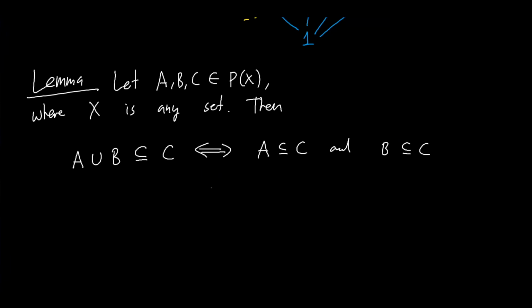But now, for us, this lemma is quite useful, because if you look at this equivalence, on the right-hand side, you only have the subset relation. You don't have union on the right-hand side. So this lemma actually enables us to define the union in terms of the subset relation, you see.